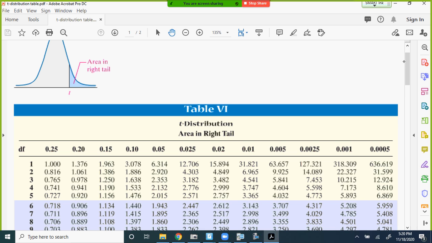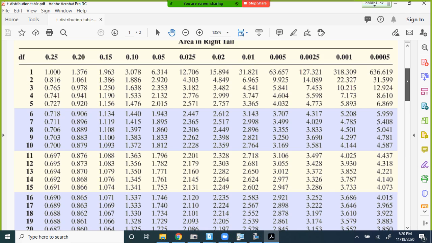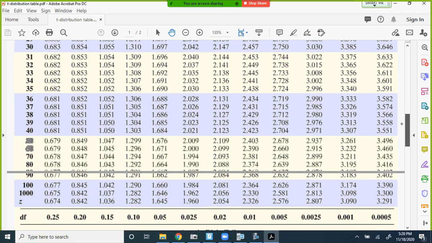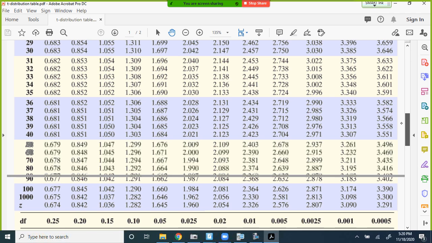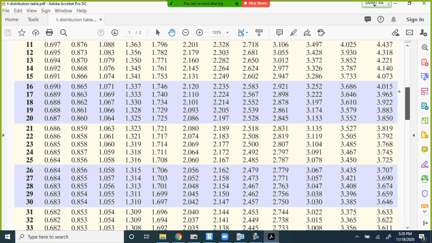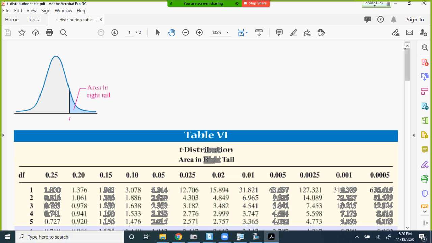So if there's area to the right of the tail, all of these are going to be positive, right? But if we do look at anything to the left, then these are just going to be negative values, since they're below the mean.